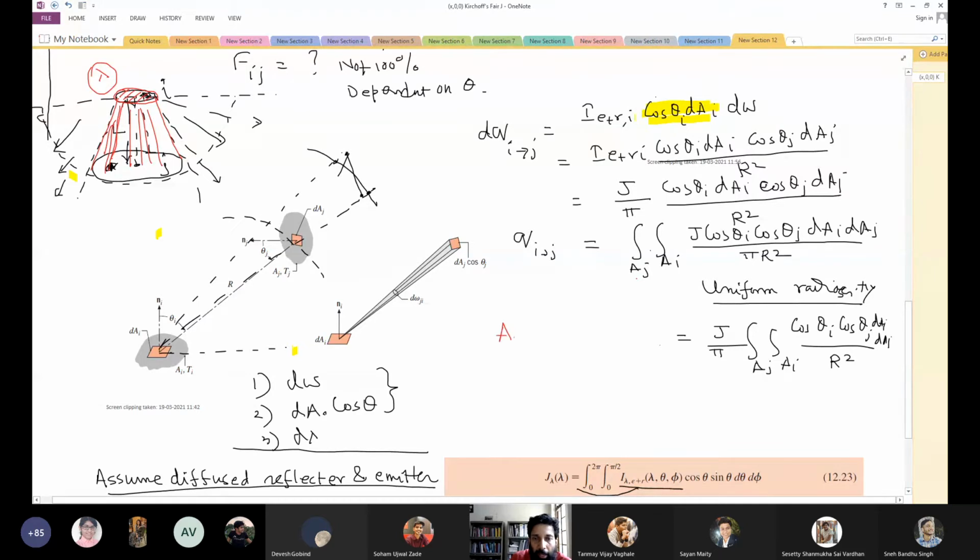This is AI times J, right? So then Fij equals this Qij divided by AI times J. So that's why you see that J cancels out. So then we have 1 by AI J times J by pi times this integration.